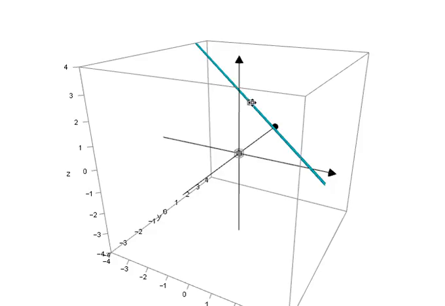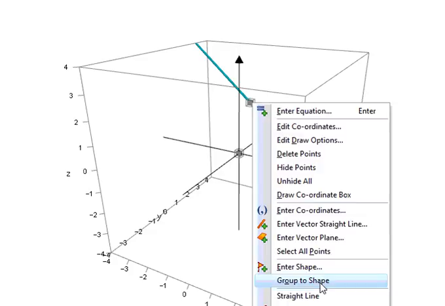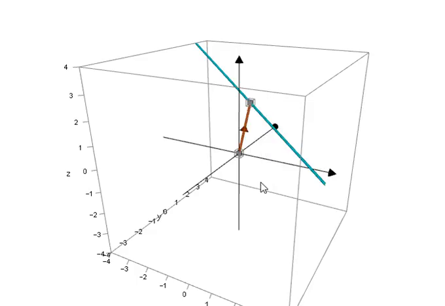and creating its position vector. That gets us from the origin onto the line. And remember, we want to find the position vector of any point on the line.